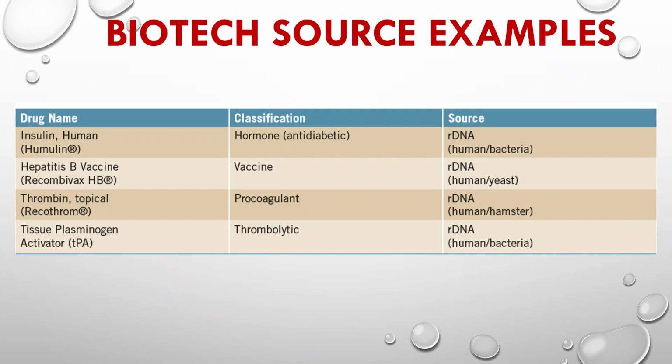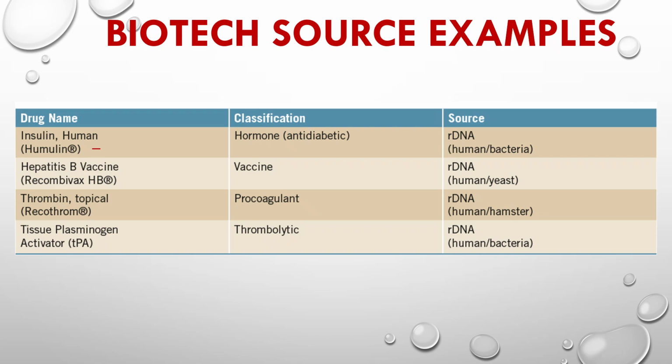All right, so some biotech sources: insulin, this is one of the bigger ones. What happens with biotech with insulin is that the gene, the piece of human DNA that makes the protein insulin, is isolated from a human cell. It's added to a bacterial cell.